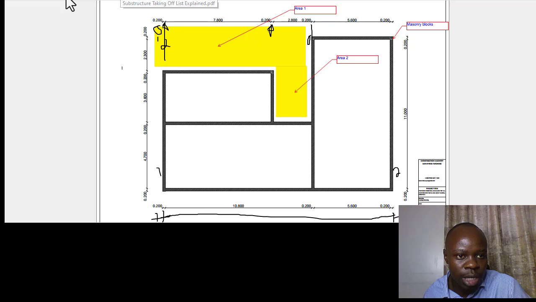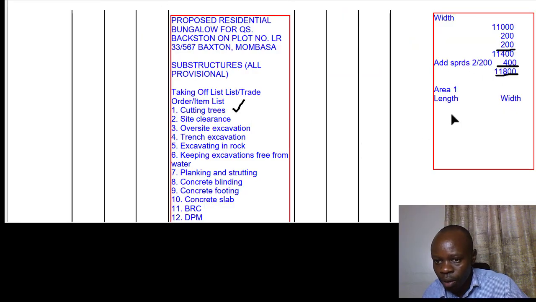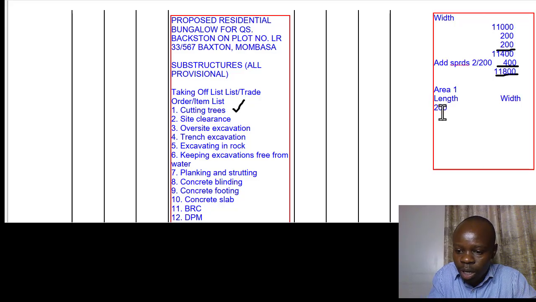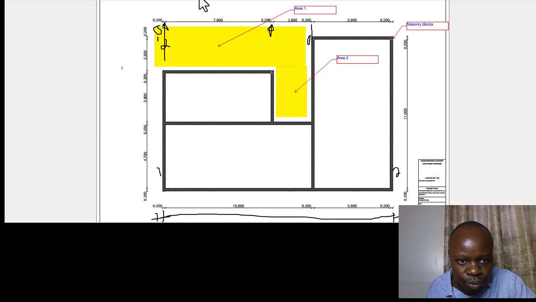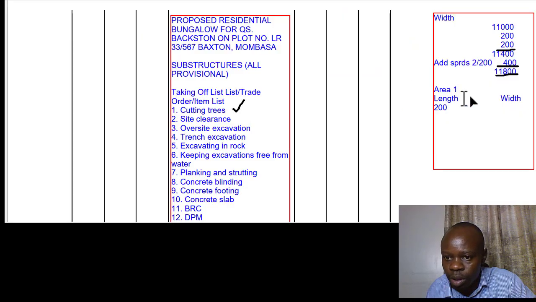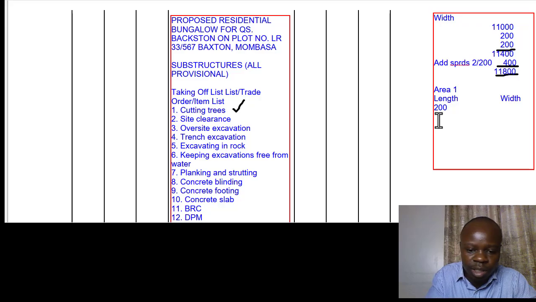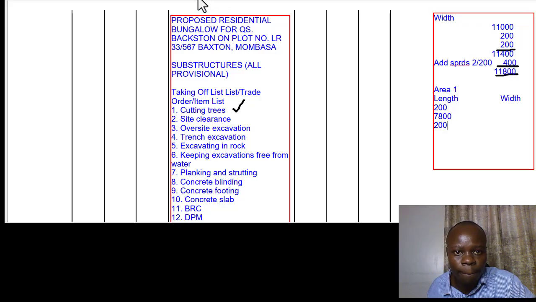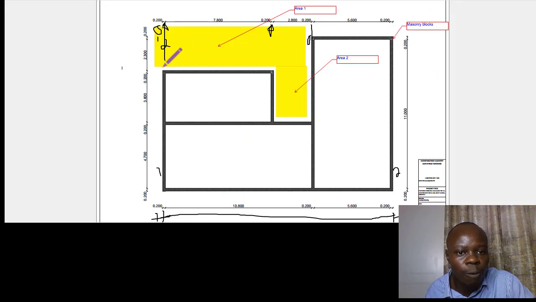So we add what we've talked about. It's 200 for that length. We'll add 200, and then we go next to 7,800, another 200, and then now we go to 200, then 2,800.